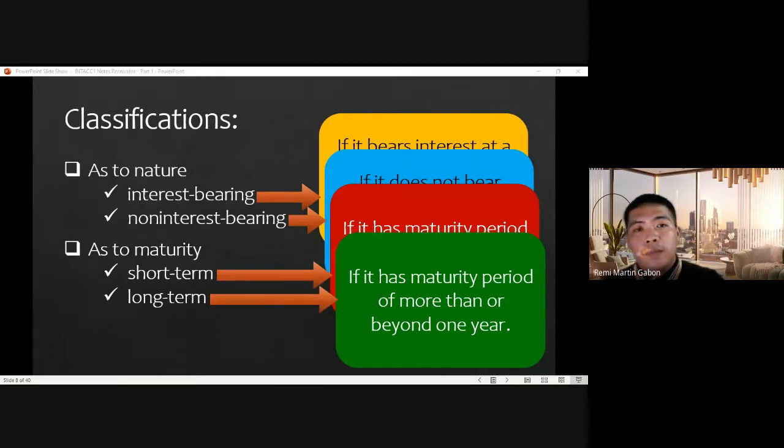Okay? So if we classify our notes receivable as to FS presentation, we may make reference of its maturity. Titignan na natin yung maturity kung within 1 year or lampas ng 1 year.